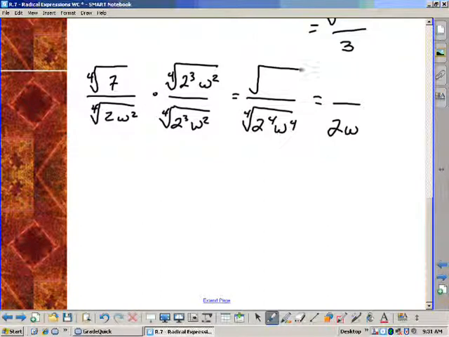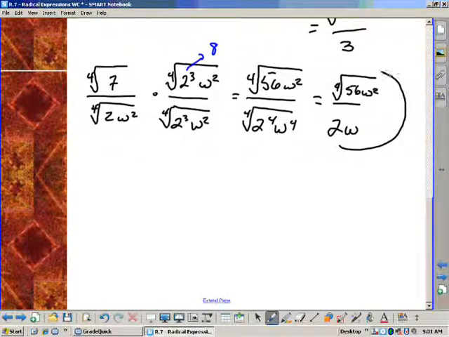This new numerator now becomes the 4th root of 7 times 8, which is 56 w squared. And so then I get the 4th root of 56 w squared all over 2w.